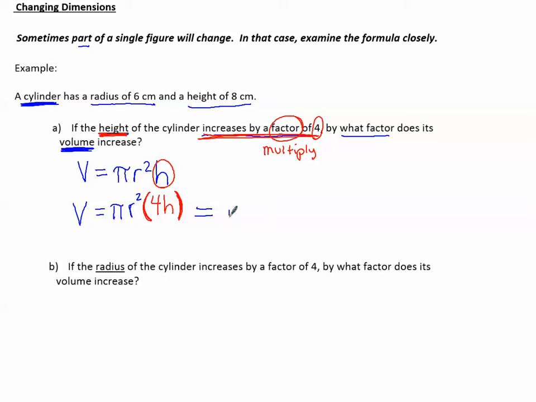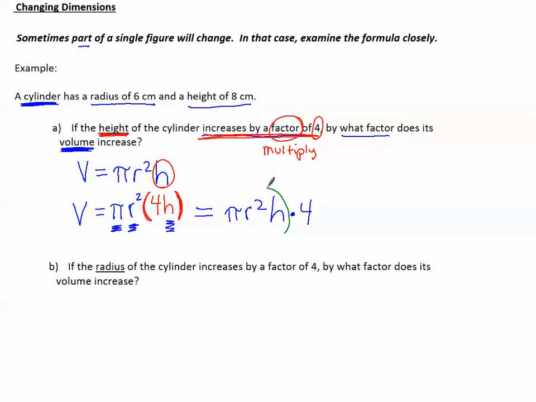What does that mean? Well, remember that multiplication is commutative and associative. So instead of multiplying in this order, we can multiply the pi, r squared, and h together, and then multiply the 4 after. They're still all multiplied, just like this, but the 4 is multiplied after.